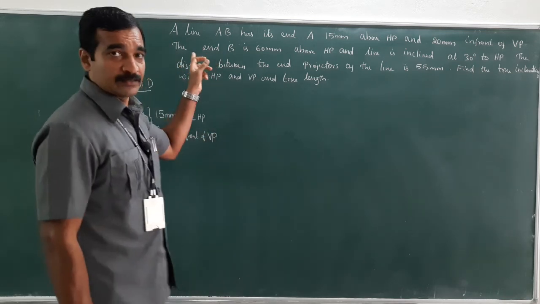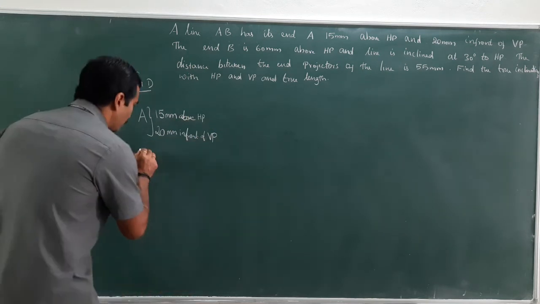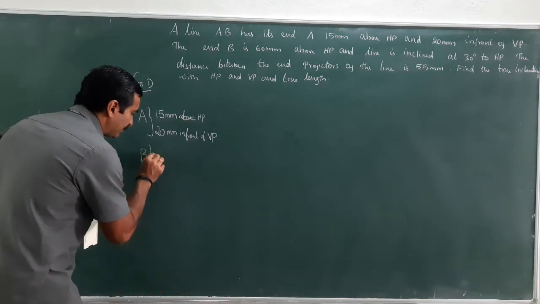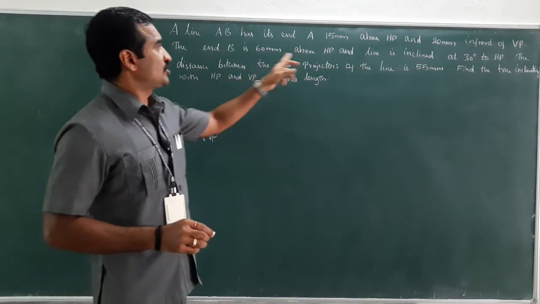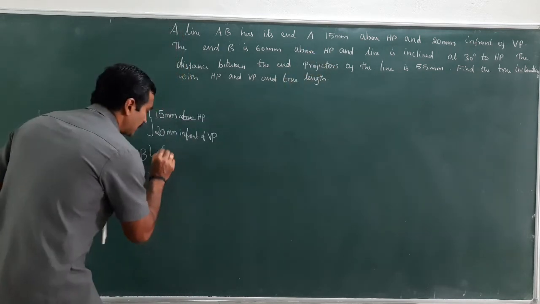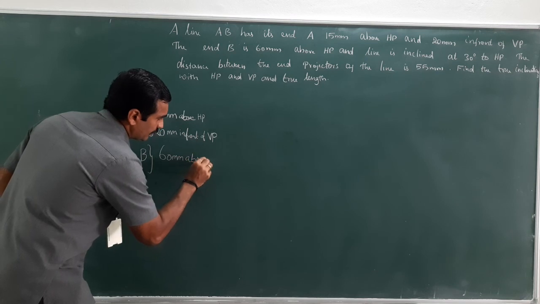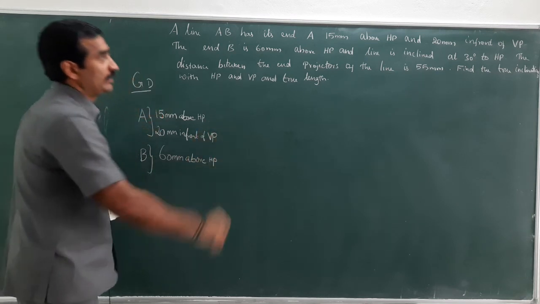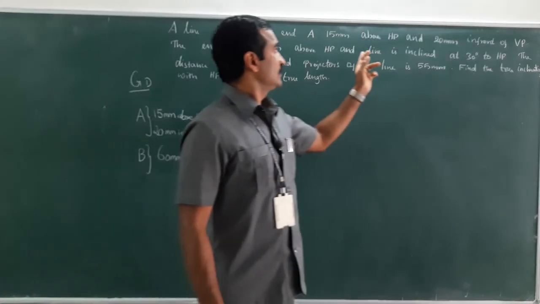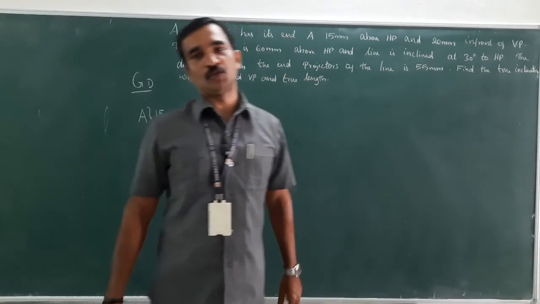And the other end is B, right. So, locus B information: 60 mm above HP, and it's inclined at 30 degree to HP.